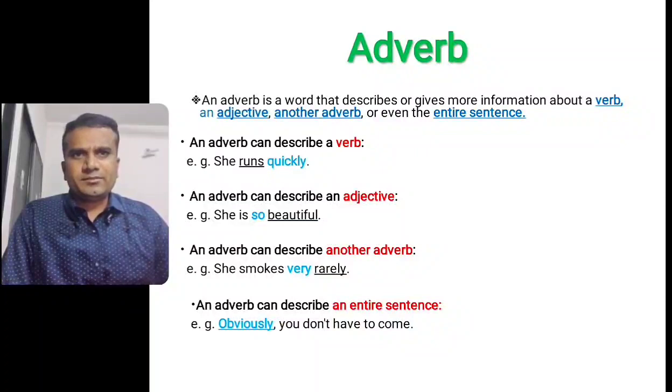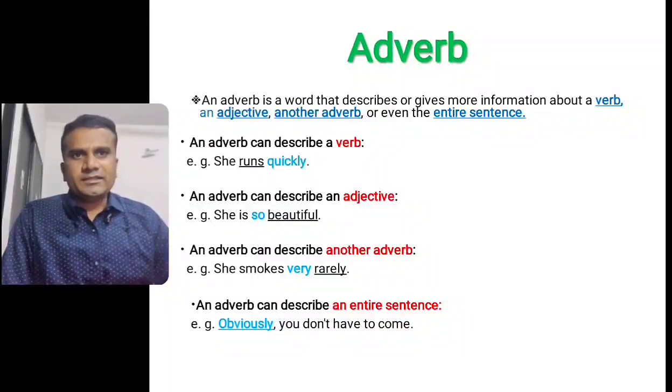In the next example, she smokes very rarely. In this example, you will find that there are two adverbs. The underlined adverb is rarely, and about that adverb, very gives more information.